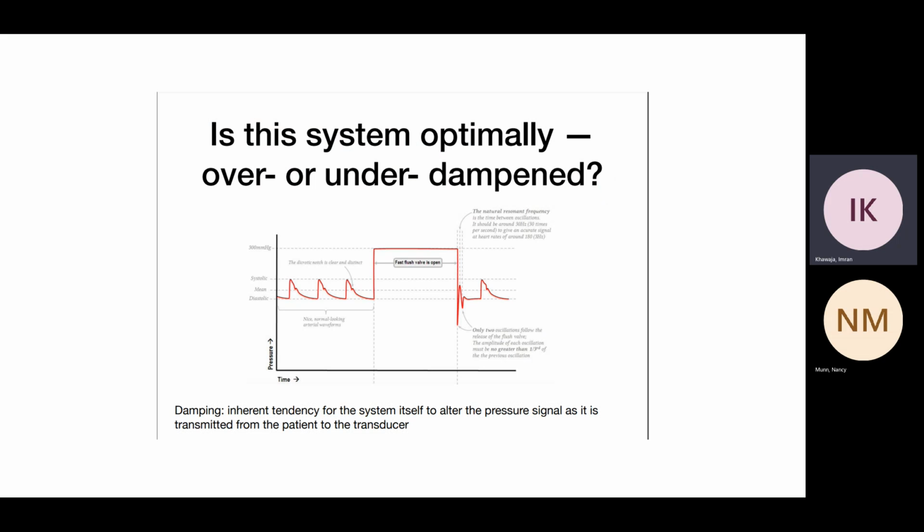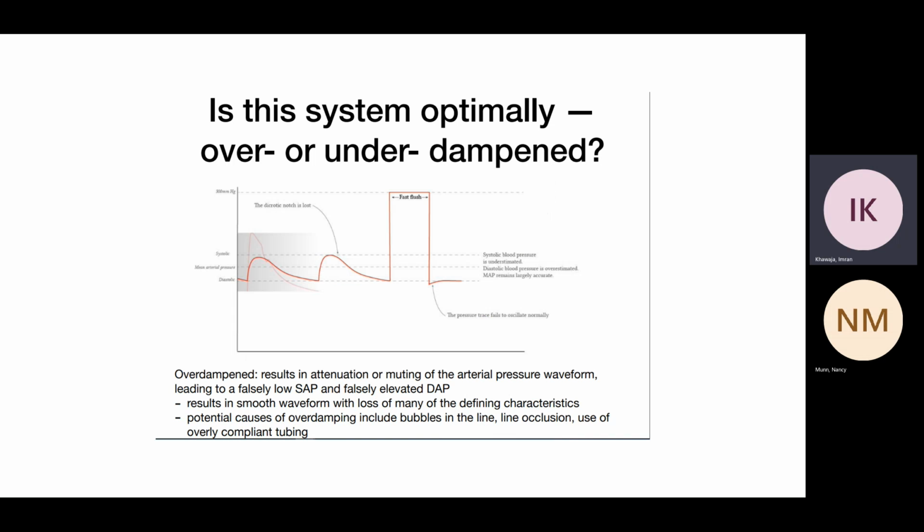Okay, but we did talk about natural frequency, resonance, and the tendency of the system to dampen as the signal is transmitted from the patient to your monitor. This is where you want your system to be optimally damped. You check that at least once every shift, or if you have concern about your measurement, of course you have to check it.